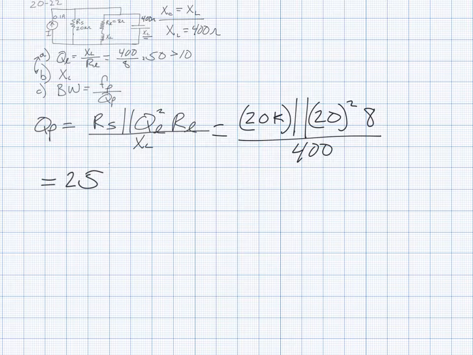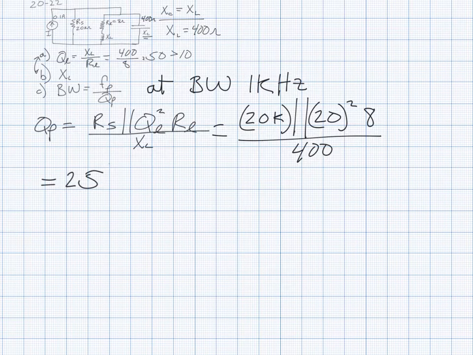All right, the one thing I failed to mention, and I didn't write this out, is that part C here says finding the resonant frequency when the bandwidth is at 1K. All right, so that's 1 kilohertz.